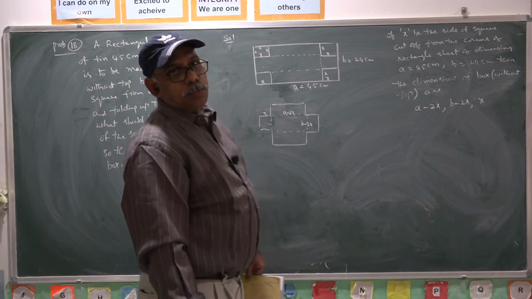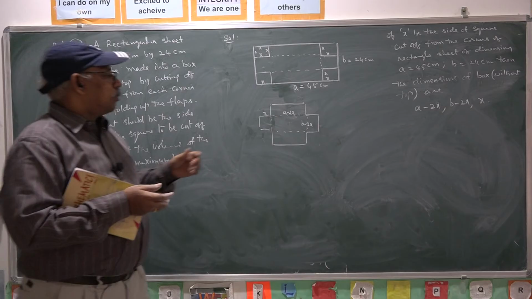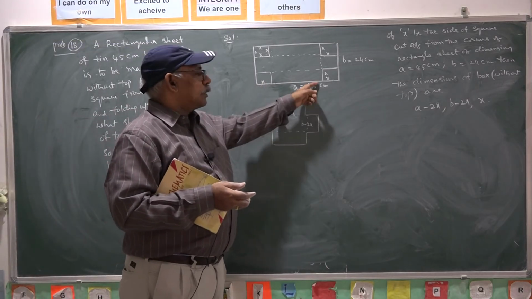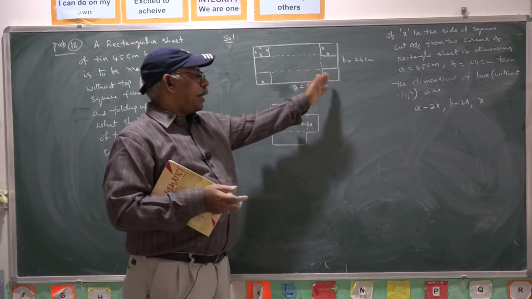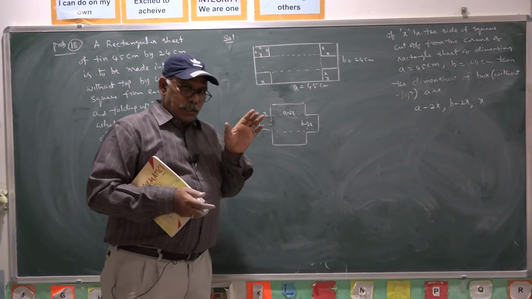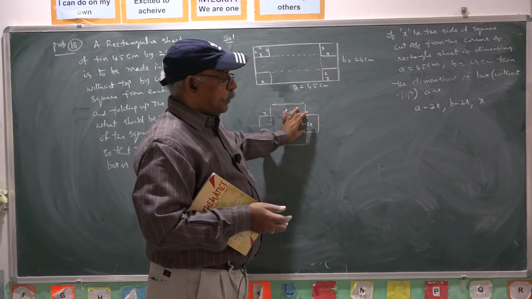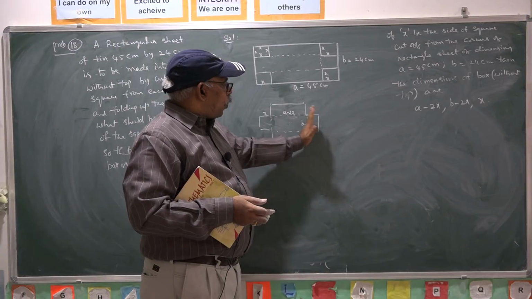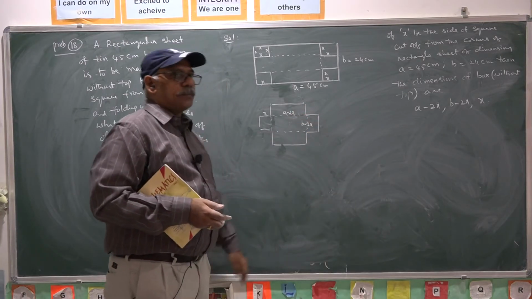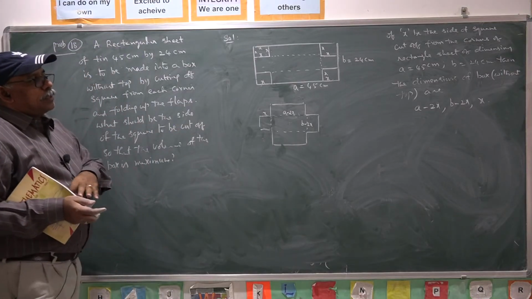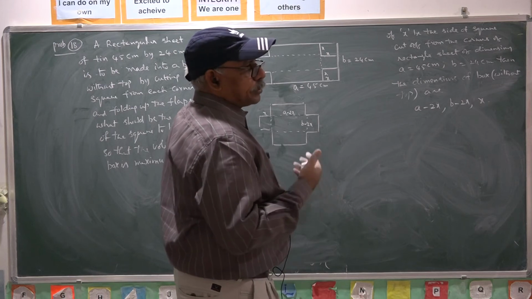The length, breadth and height of the box are respectively a minus 2x, b minus 2x, x. Because from the total length we are cutting off x on this side and x on this side, so totally the length is reduced by 2x. Similarly, the breadth is reduced by 2x. Once you fold up this flap, the height of the box becomes x.